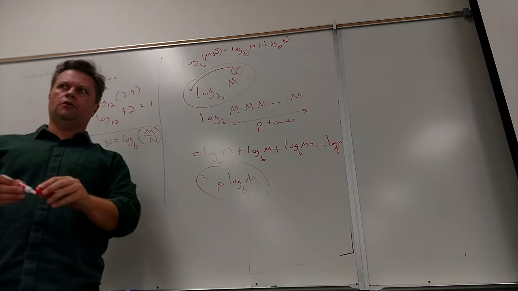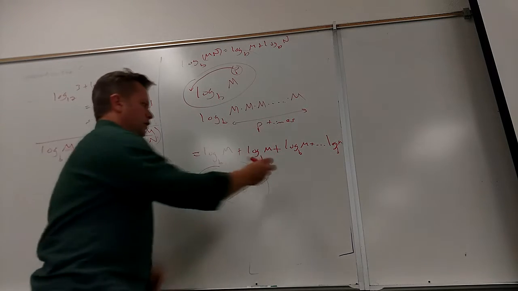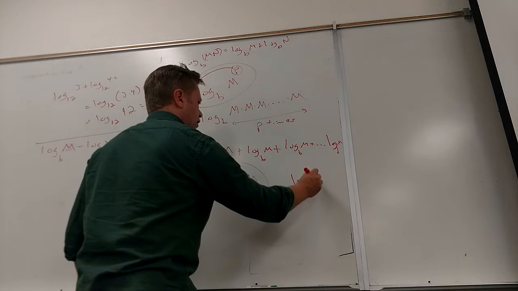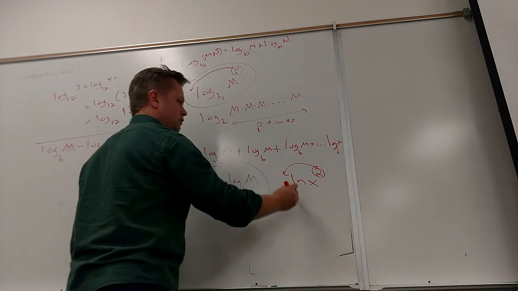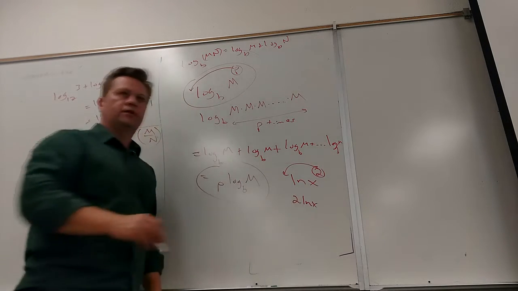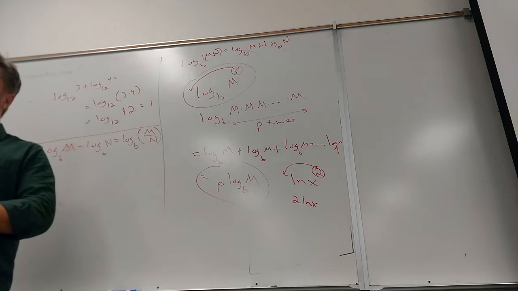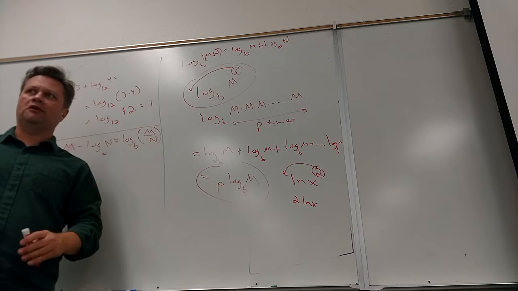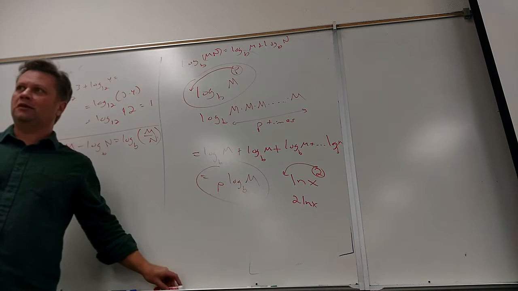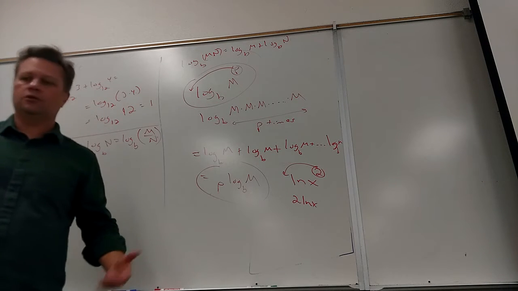So here, watch. How can I rewrite natural log of x squared? I can just take the 2 down. That's what that comes down to. And believe it or not, that's actually the most important property of logarithms. We just don't know it yet, except I just told you, so we do.